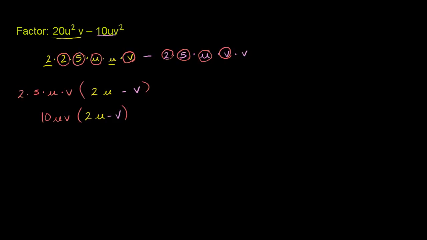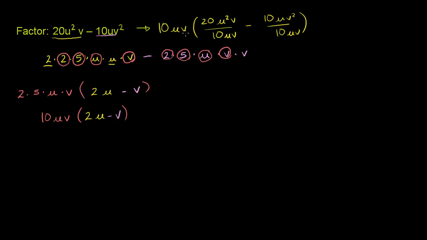Another way of approaching it, you could have said that this is the same thing as, well, the largest number that divides both of these is 10uv, times 20u squared v over 10uv minus 10uv squared over 10uv. These expressions are obviously the same thing.